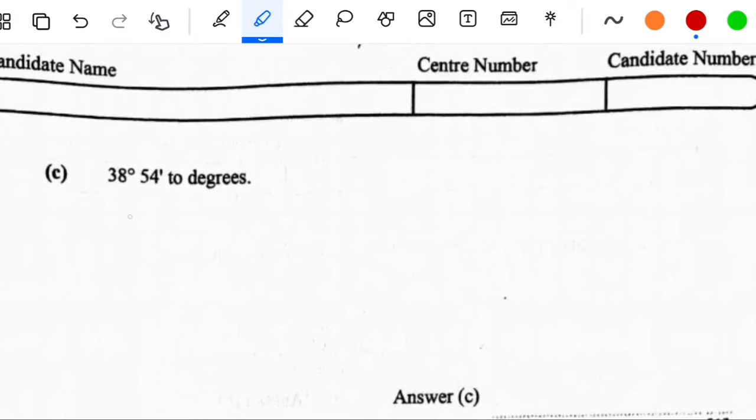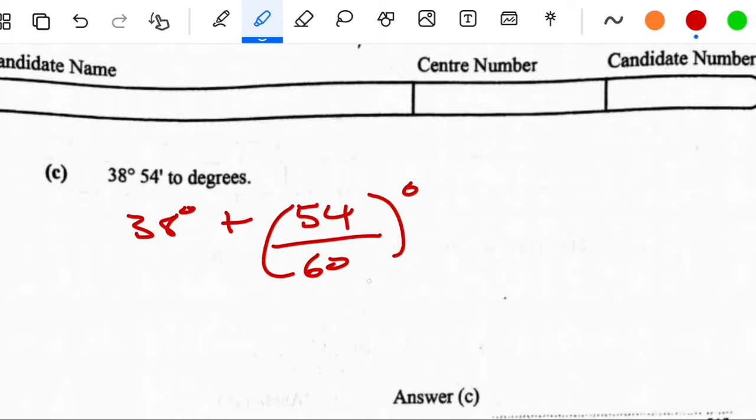Then C is the same as 38 degrees plus 54 over 60 degrees. So I need to divide the 54 over 60. I'll reduce first by 2, I get 30 there. Then 2 here, I got 27.